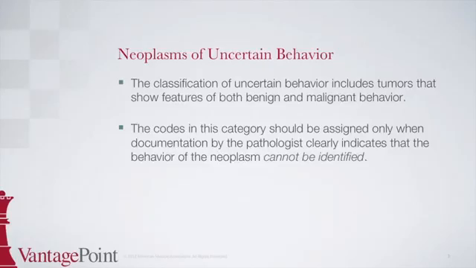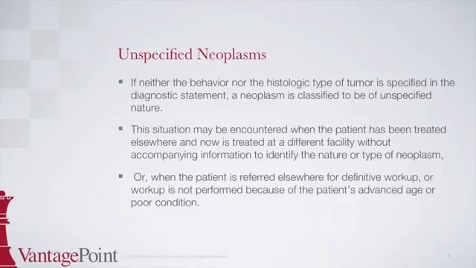This may happen when a new patient formerly treated at one facility comes to a new facility without any records, or if a workup isn't performed due to a patient's advanced age or poor condition. However, it should be uncommon to use the codes for neoplasms of unspecified behavior.